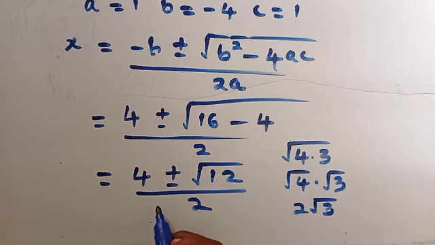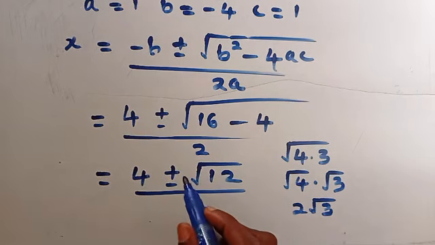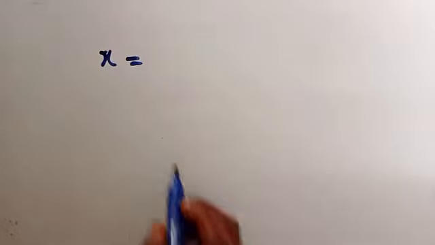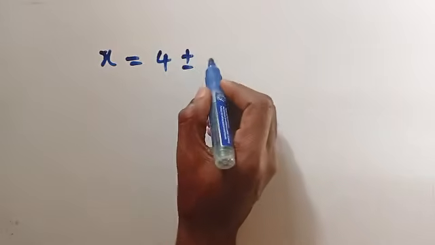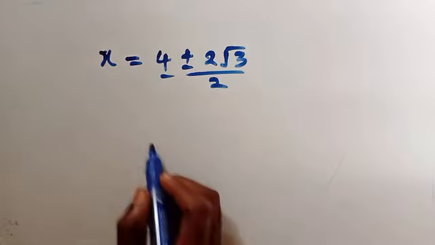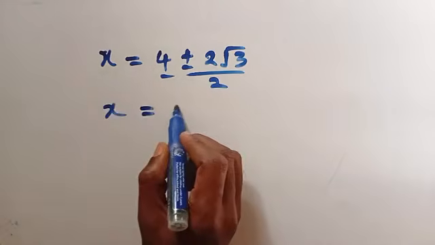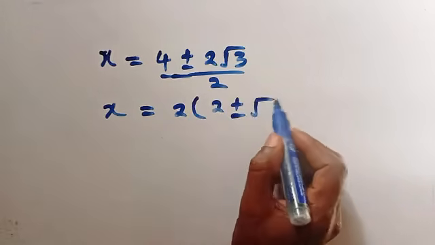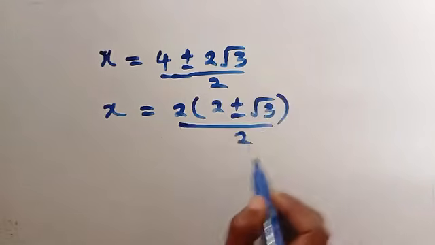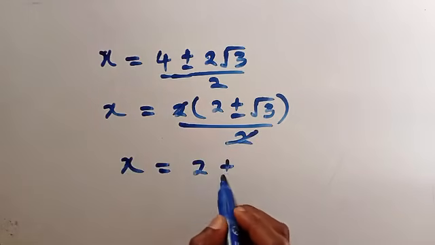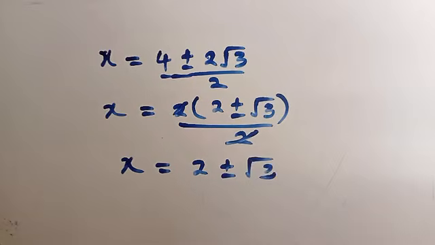So the whole of this becomes 4 plus or minus 2 root 3 divided by 2. Therefore, x equals 4 plus or minus 2 square root of 3 divided by 2. Factoring out 2, we have 2 bracket 2 plus or minus square root of 3 divided by 2, and when 2 cancels 2, we have x equals 2 plus or minus square root of 3.